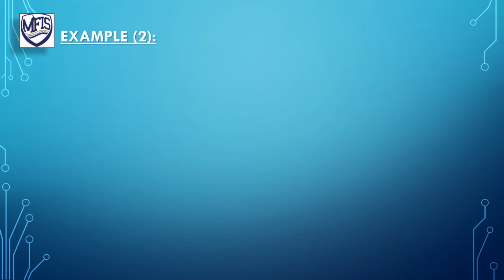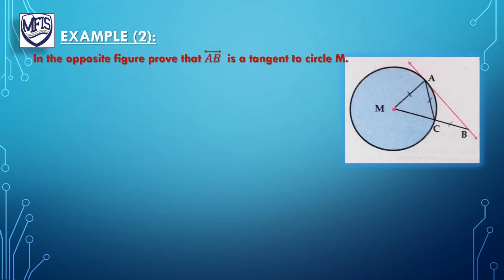Now, the last example, example number 2. Here I have a problem in the opposite figure, and I want to prove that straight line AB is tangent of circle M. Now, how to prove that a straight line is tangent of a circle? To prove that AB is a tangent of circle M, we must prove that measure angle MAB equals 90 degrees.